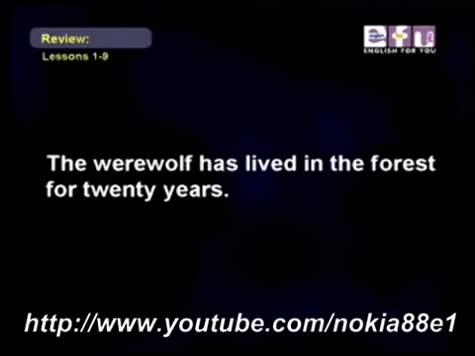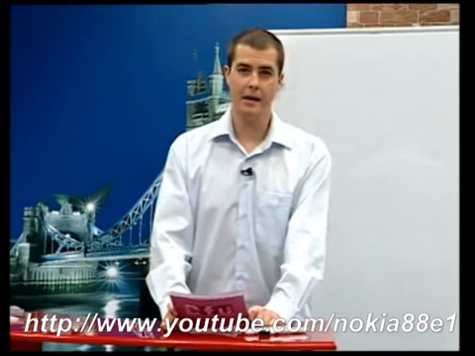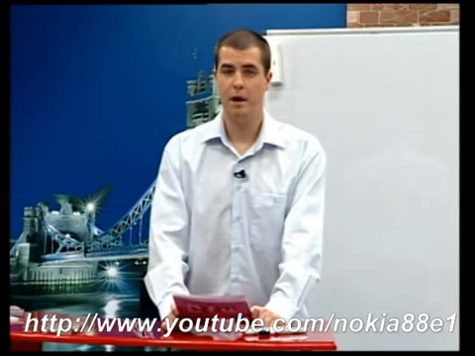The werewolf has lived in the forest for 20 years. The verb in this sentence, has lived, is in the present perfect. We use the present perfect to express a situation that began in the past and continues until now, especially with verbs like live.